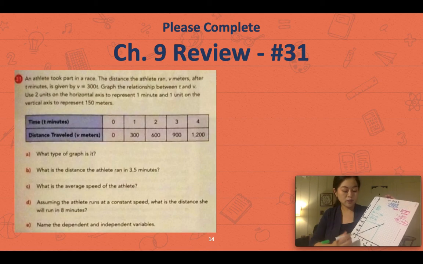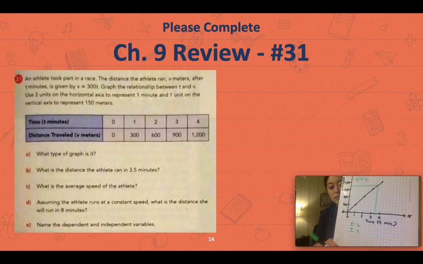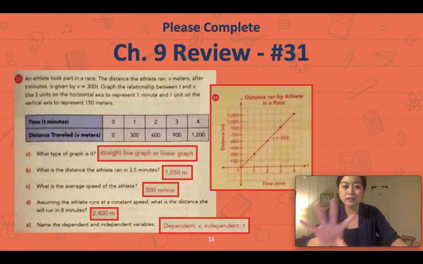So the dependent variable is V, and then the independent variable is the x-axis, which is T. Okay. All right. So let's see here. Here's the clearer answer.